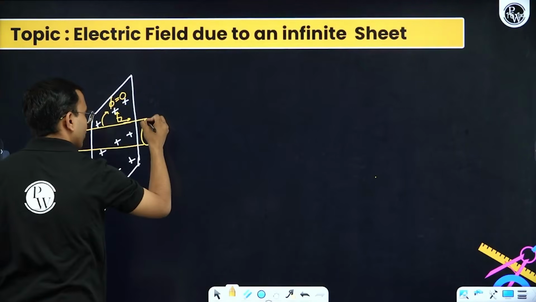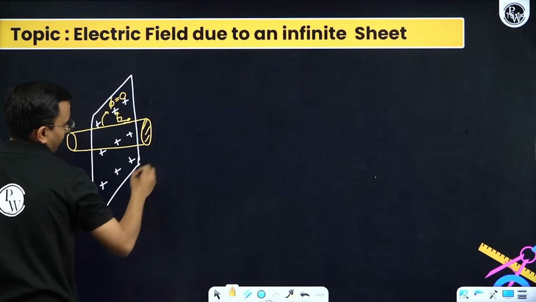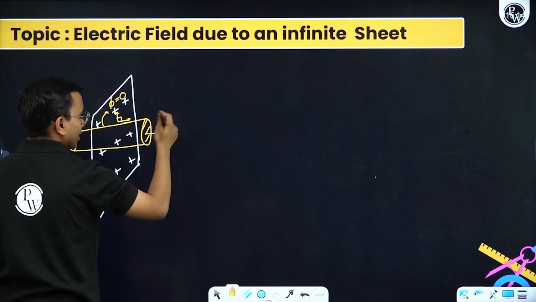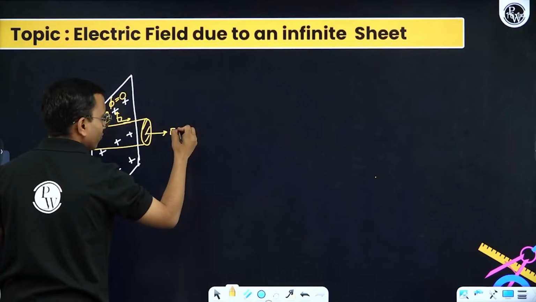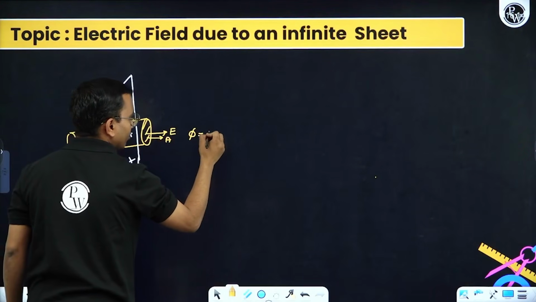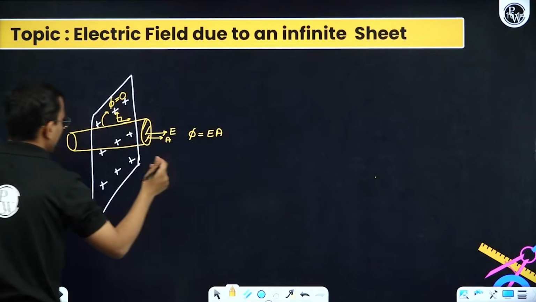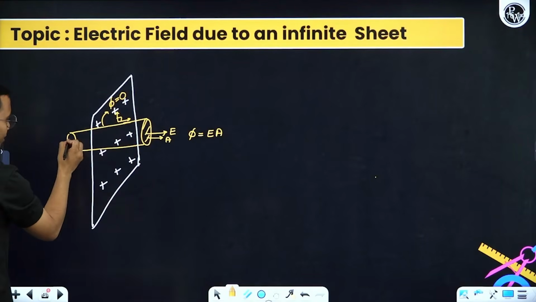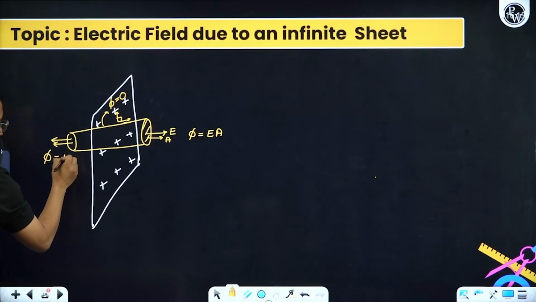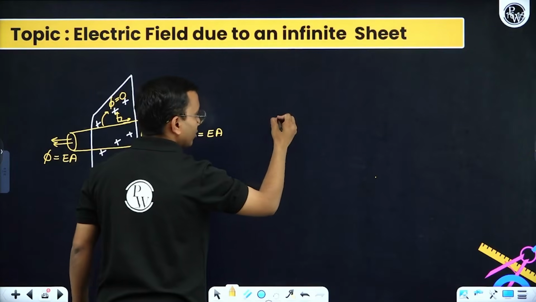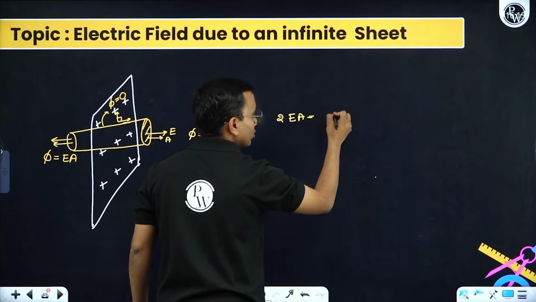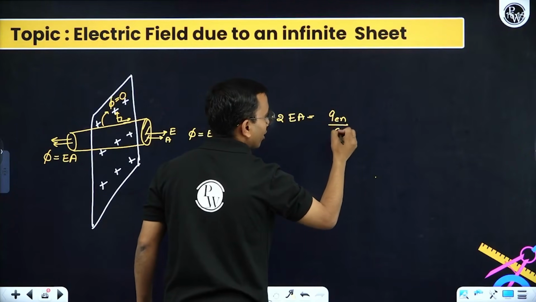From the flat surface, let us take electric field E here, the area of cross section, let us take A here. Both are in the same direction, so the flux here will become E into A. Similarly on the other side, this is E, again this is A, flux is E into A. So the total flux is 2EA, and that is Q enclosed by epsilon naught.